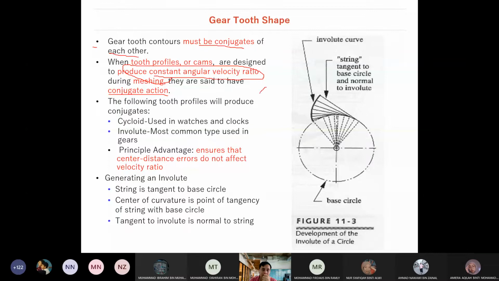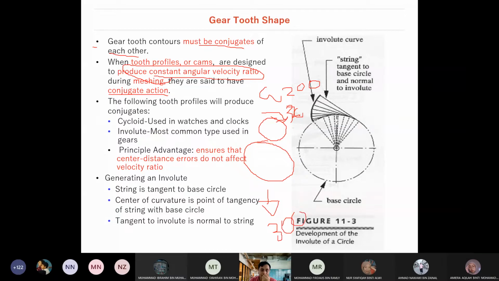Katalah you have two types of gears, for example this gear and this gear. Katakanlah dia gerak 200 RPM for example. So this gear kena make sure dia gerak, katalah dia design to gerak 300 RPM.